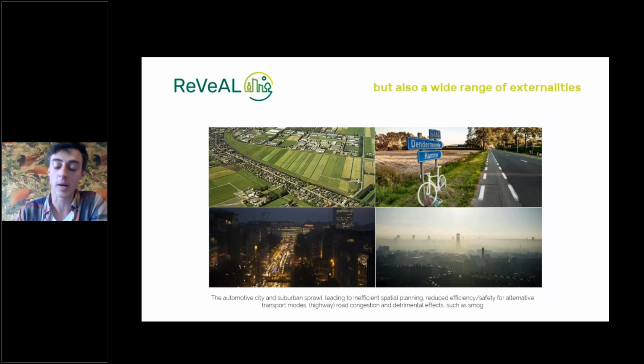So all of these have an impact on our built environment and more specifically on our cities.